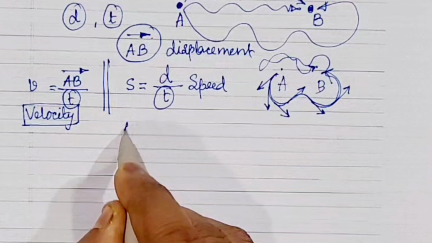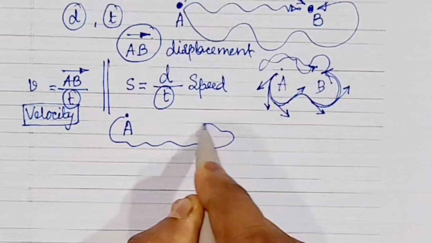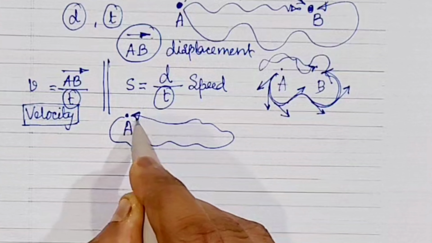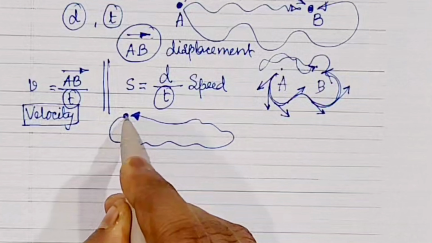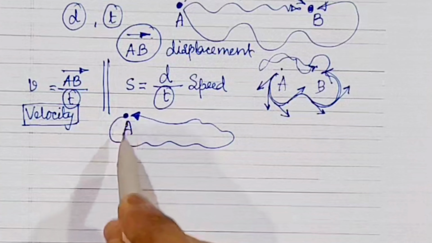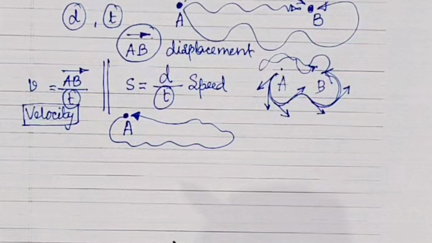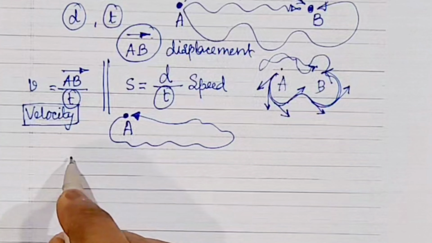Now if the particle has traveled from A and reached back at A. So we started from our home in the morning, we went to a school, later we went to some other places, and then at night we came back home. So from morning till night, if we figure out what our position was, the initial and the final position, both of those are A, or we start from our home and we come back to our home. So in that case, what is the displacement?